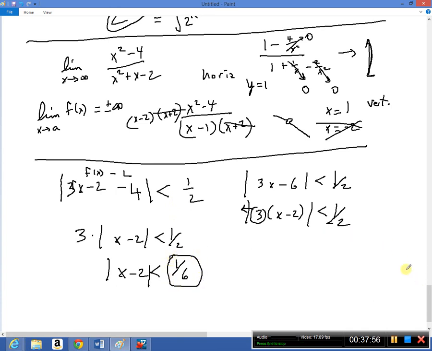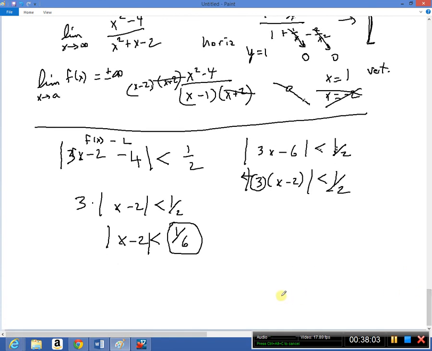Okay. And the final question, I think just about everybody got that right. If you look at the graph and you see how far you can wander away from the a value, which is 5, how far can you go on either side, that'll be your delta, so that your y values stay within the epsilon strip, which goes between 3.6 and 2.4, which I miscalculated, but that didn't matter.